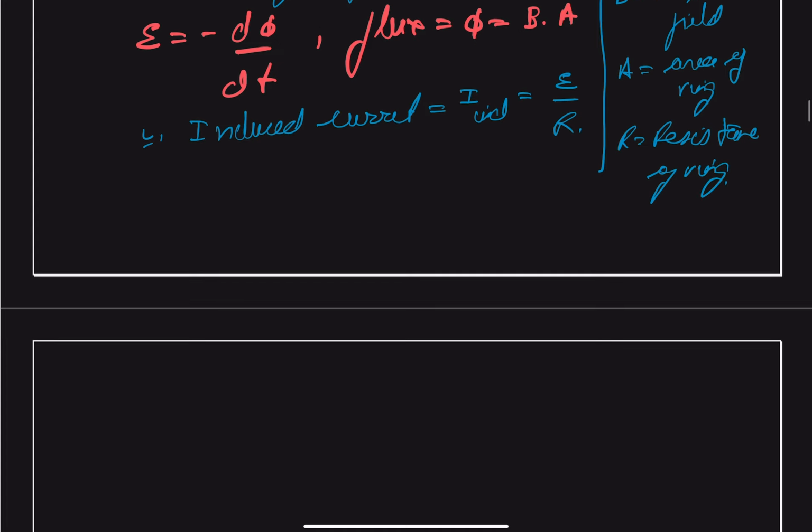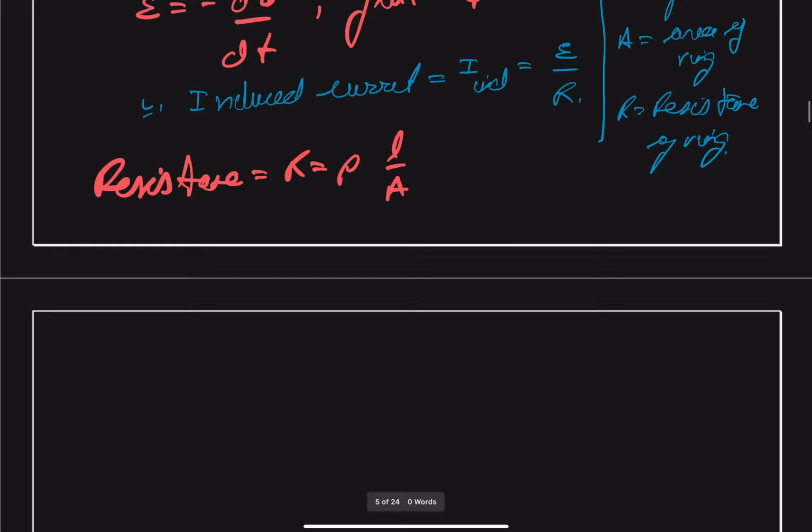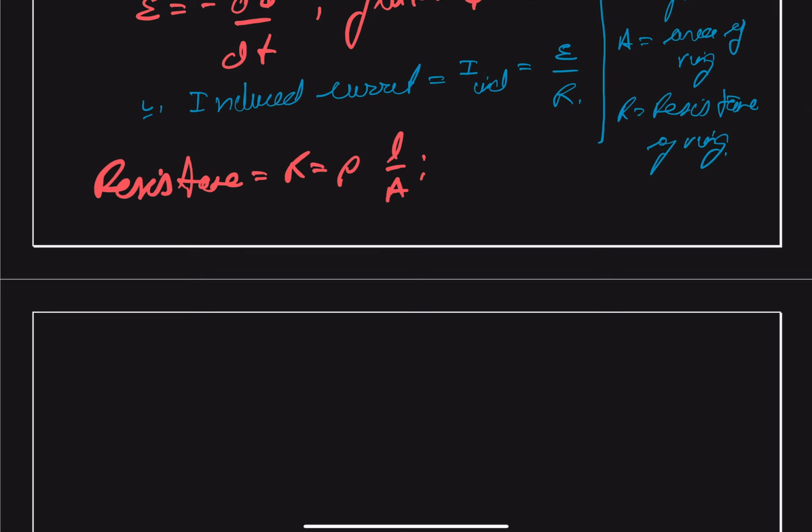We can write the resistance R as rho L upon A, where rho is the resistivity and L is the length.